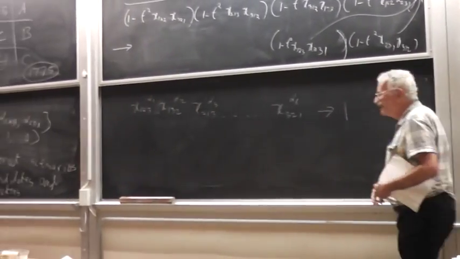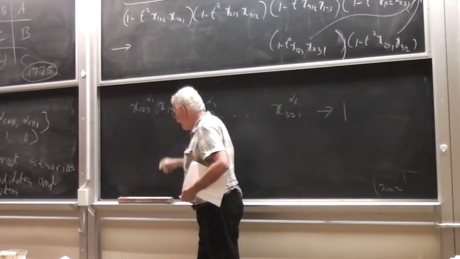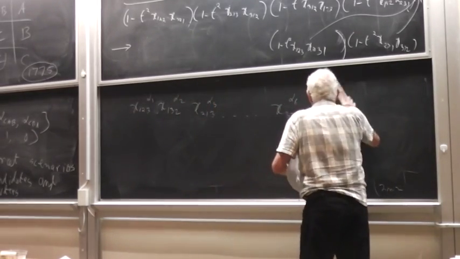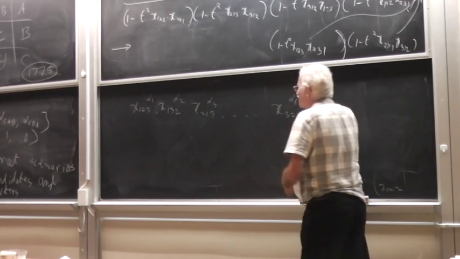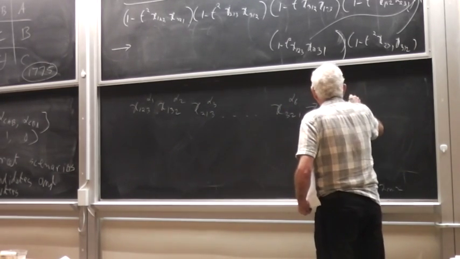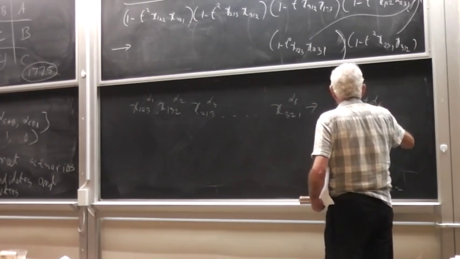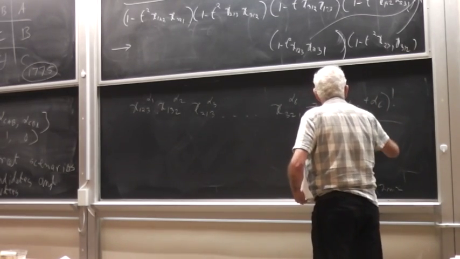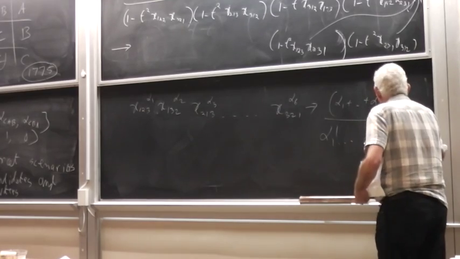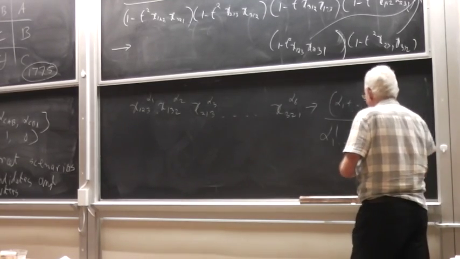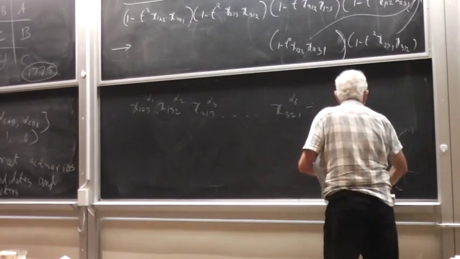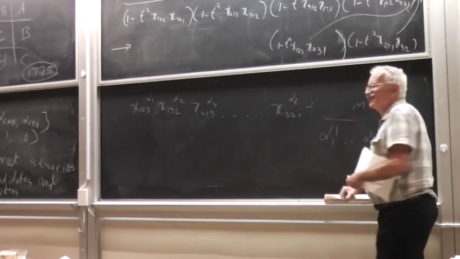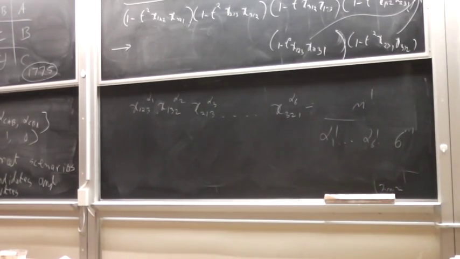But what we should really do is replace every such monomial by the multinomial distribution: n over alpha 1 through alpha 6, over 6 to the power n, where alpha 1 plus through alpha 6 is n by convention. This is what we should do. Now we get the real probability of these scenarios.